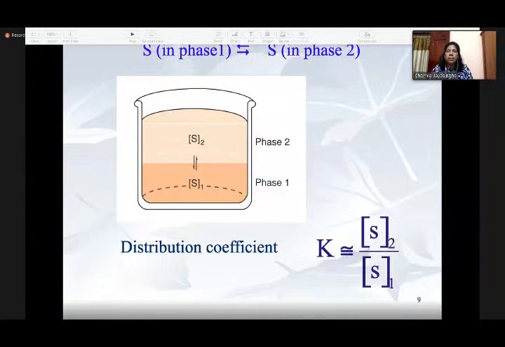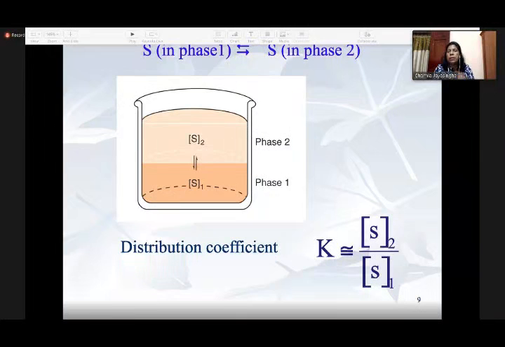Now see this picture. S is a solute in phase 1, and after equilibrium, after we keep it for some time, S is now in phase 2, right? At the initial position, a lot of solute is in phase 1, but with time, it much prefers to stay in phase 2.